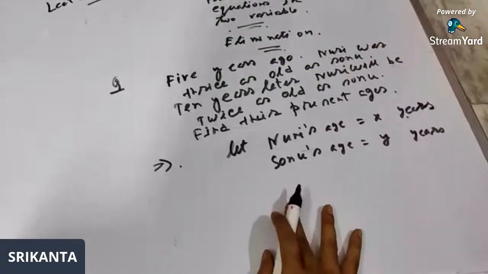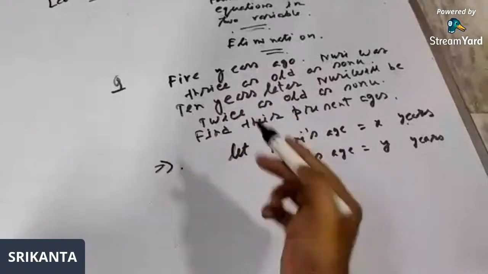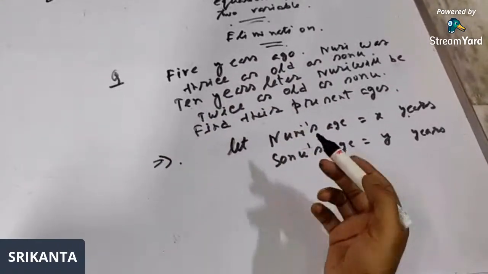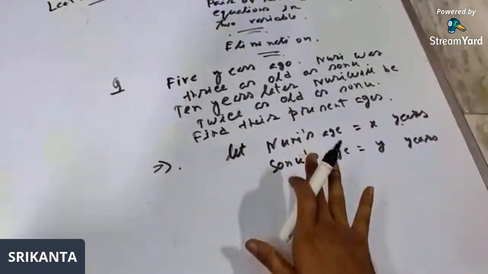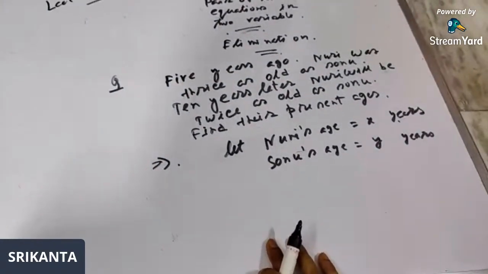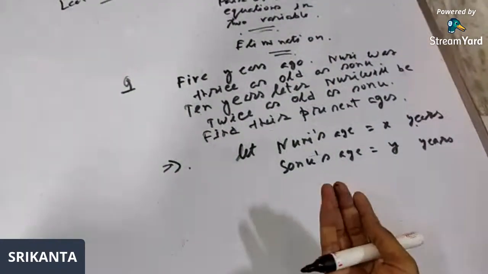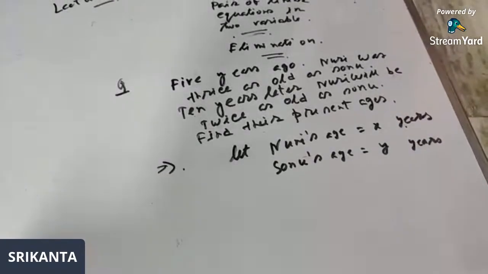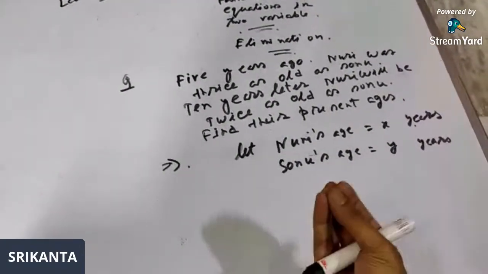The question says 5 years ago. See, if your present age is 16 years, what's your age 5 years ago? Obviously 16 minus 5, 11 years, right?